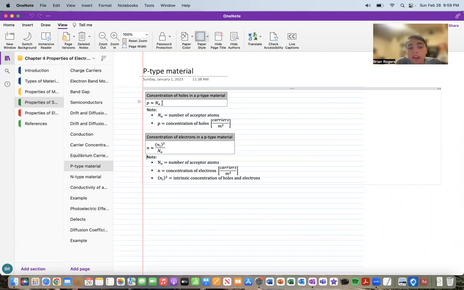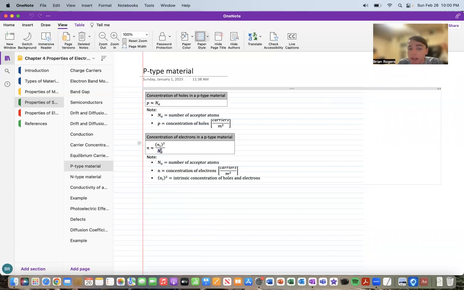And so in a p-type material, the hole concentration can be approximated by the number of acceptor atoms, since those are more dominant. The concentration of electrons in a p-type material is the equilibrium charge carrier concentration, n i squared, divided by how many acceptor atoms you have.